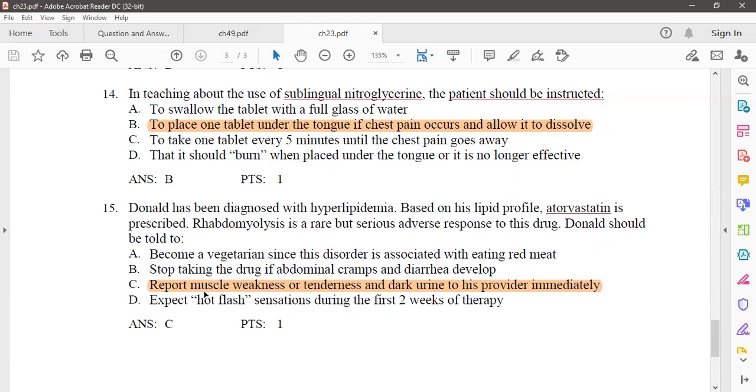Rhabdomyolysis means muscle breakdown, and this broken-down muscle tissue passes through the kidney and the kidney can shut down. Report muscle weakness, tenderness and dark urine to his provider immediately. It indicates he has developed rhabdomyolysis because of atorvastatin.